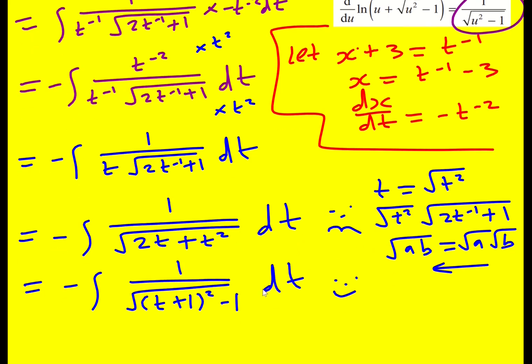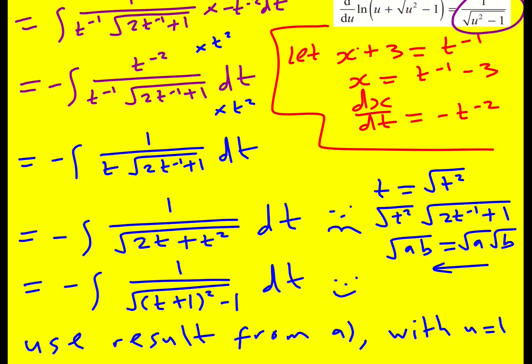This is really good now because I can use the result from A with u equaling t plus 1. Sorry, that didn't quite go on the screen. Okay.